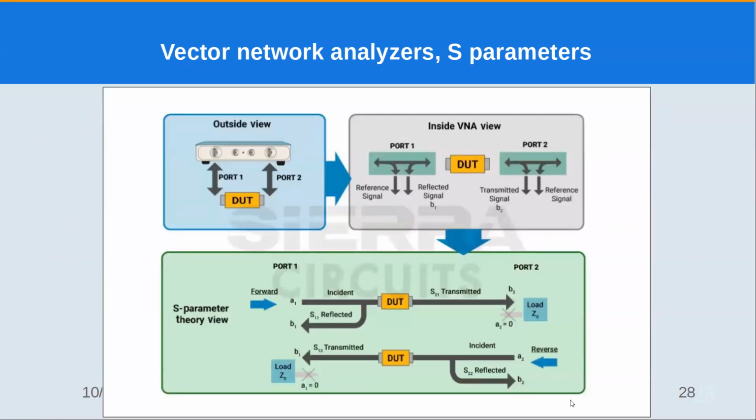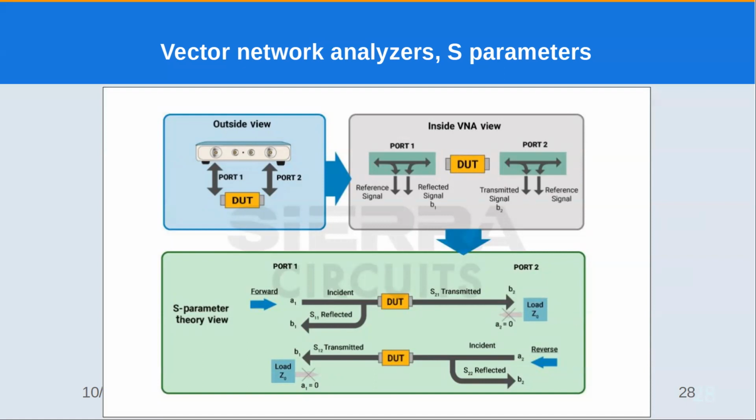Right. And here, maybe I can move this. There we go. It's kind of a neat chart, and it shows you the difference between the incident and reflected for the S11 and the incident and transmitted on S21. And then it shows the other two, the 1-2 and the 2-2, what they would be, which is basically reverse.